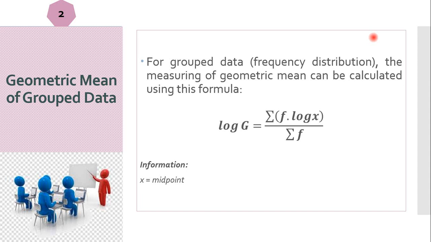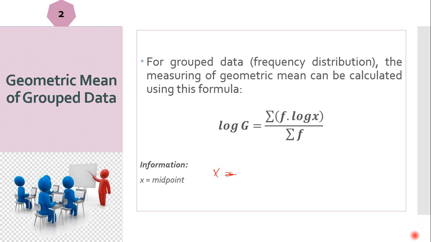So here we must first calculate the midpoint of class for each interval class. Do you still remember the steps to calculate the midpoint? I think you still remember. Good. The x is the fraction of the lower and the upper limit.